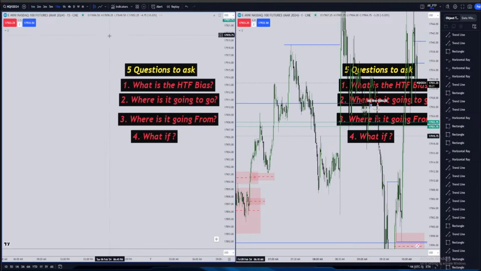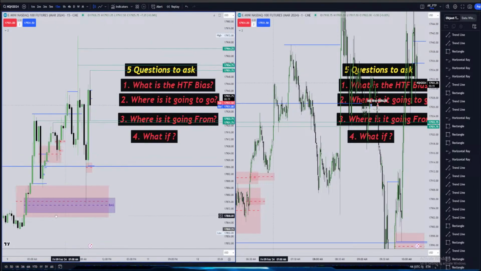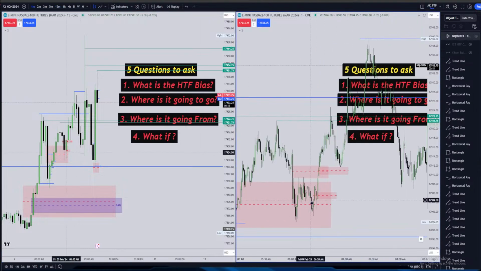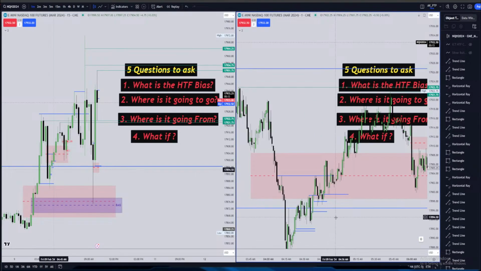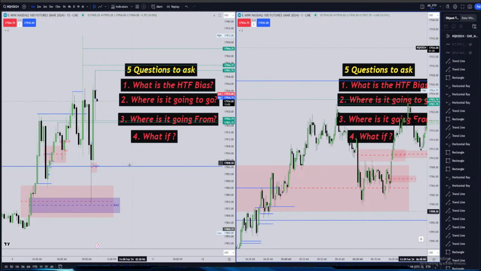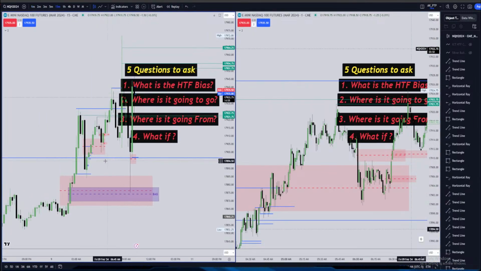Okay, so let me get back to 15 minutes and that specific area. Where was it? Here. You see, when the market came here, it was in a little consolidation mode, then it started going higher. But during this consolidation, I was looking into a different thing.